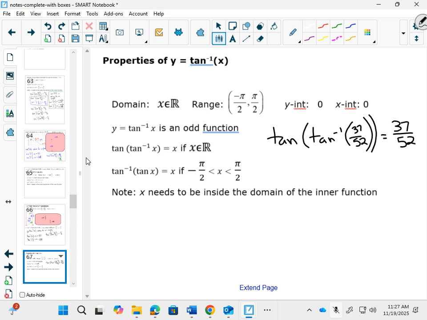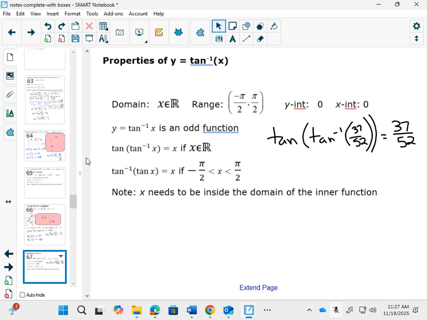But if you do tan inverse of tan of x, your answers only equal x if you're in that original negative pi over 2 to pi over 2 range. Other than that, you have to use the shortcut that I showed you. That tan inverse of negative values will always give you answers in quadrant 4 that are negative. And tan inverse of positive values will always give you positive answers in quadrant 1.